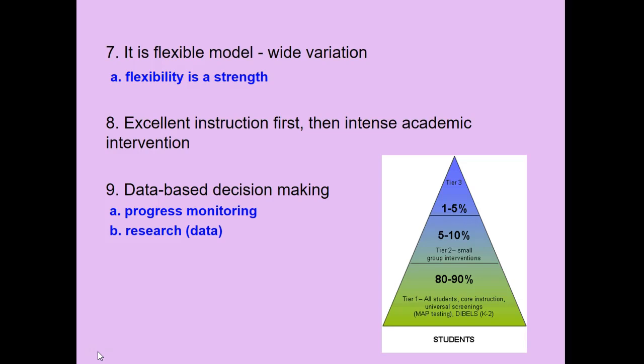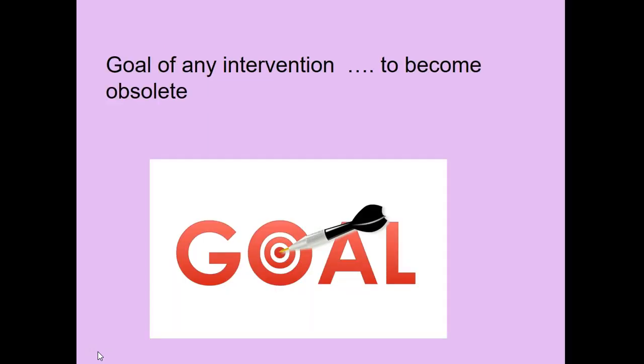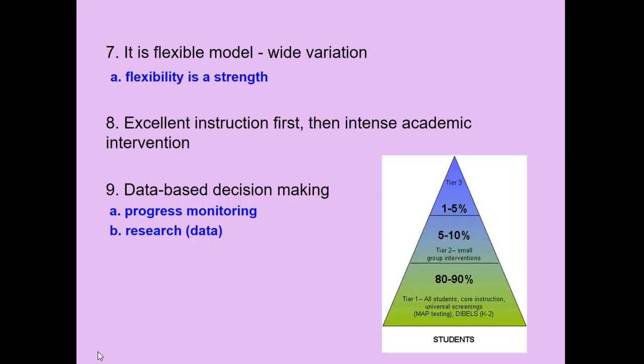Now, RTI is flexible. There are a lot of variations in it. It is not a pre-scripted approach. The flexibility is its strength, so it should look different in every school. Excellent instruction first, and then an intense academic intervention.